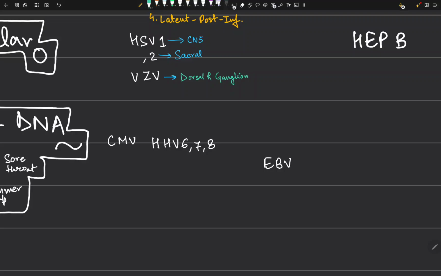Okay, we have neuropathies and we have neuritis. Okay, EBV, Epstein goes and hides where? Where do you like to hide? In B cells. What else is there? CMV, monocytes.